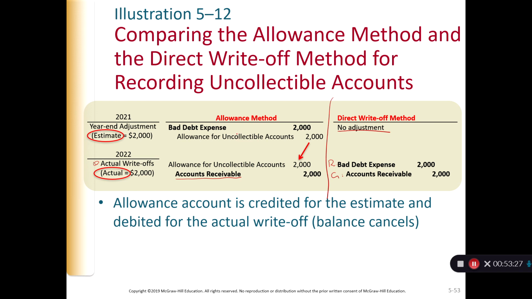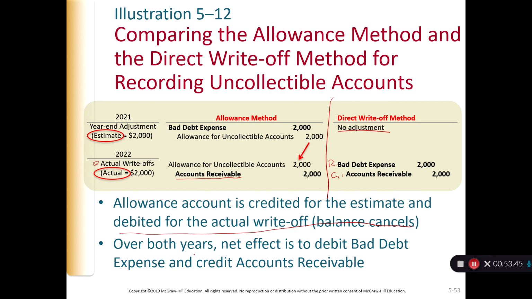What would this journal entry do in terms of financial statements? If we use the allowance account, it is credited for the estimation and debited for the actual write-off, so the balance cancels.